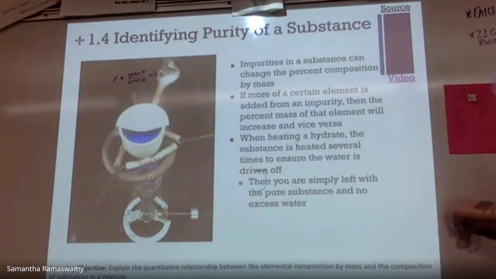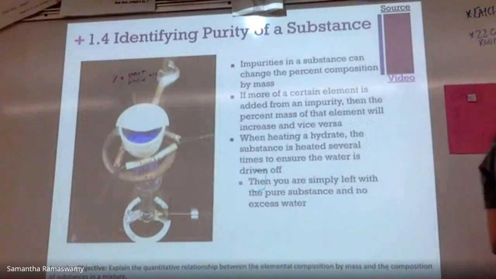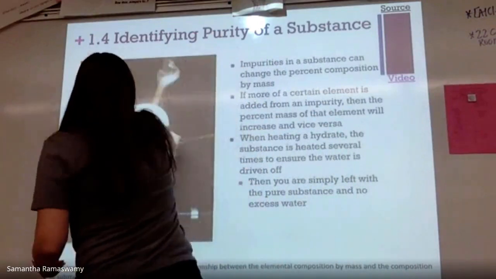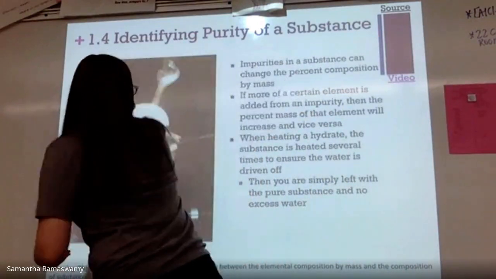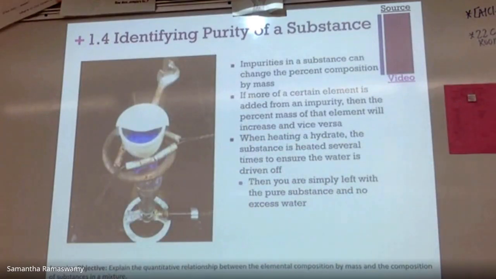Then 1.4 is looking at the purity of a substance, and a lot of times this ties into 1.3 because we look at how certain impurities will affect the percent by mass.